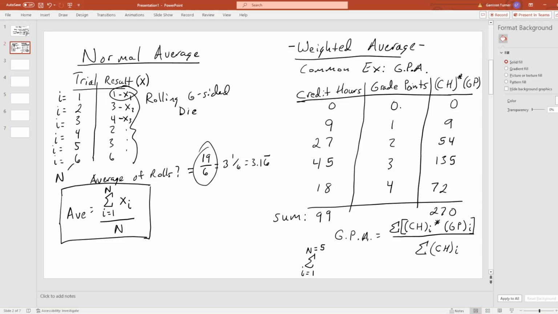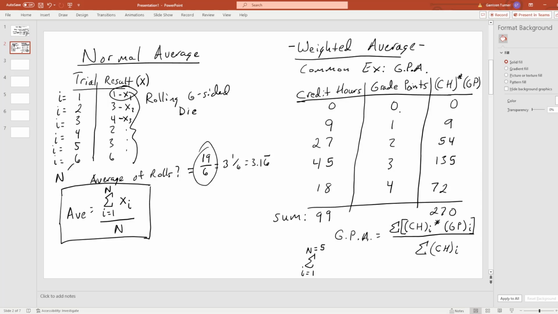Now, many institutions have the plus-minus system, which will give you like 3.666 and 3.333 for pluses and minuses. 3.666 would be an A minus, 3.333 would be a B plus, 3 is a B, 2.666 is a C plus, and so on.